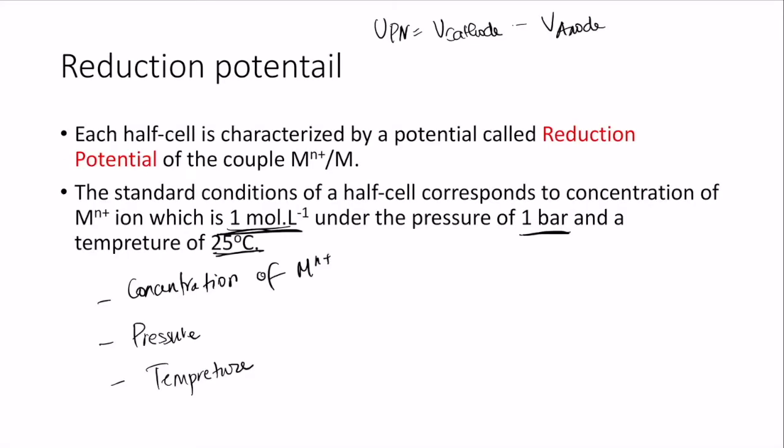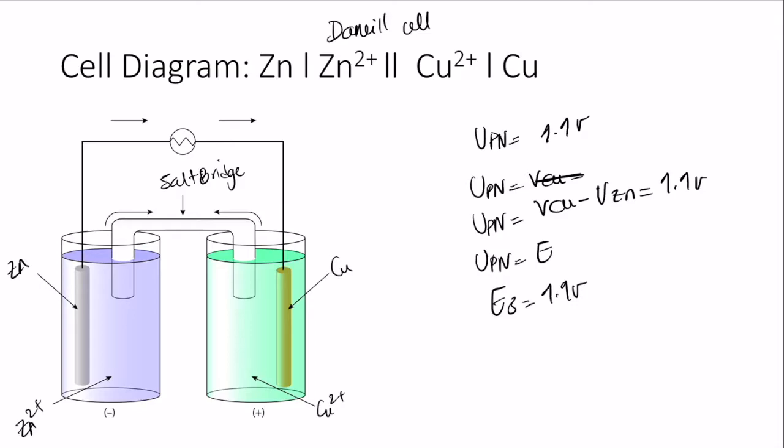Now, in the case of Daniel's cell, if you still remember, E was 1.1 volt. Now we have E equals VCu minus VZn, the cathode minus the anode. Here we have 1.1 equals VCu minus VZn, and VCu is equal to 0. Now we have that the reduction potential of Zn is equal to minus 1.1 volt.